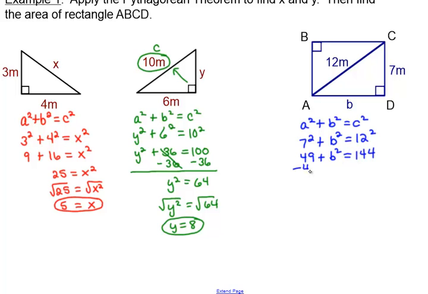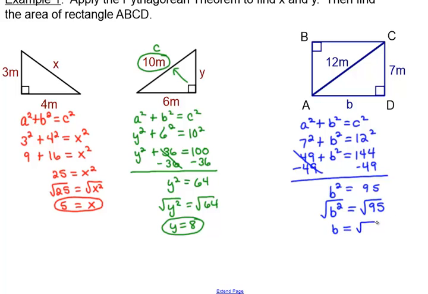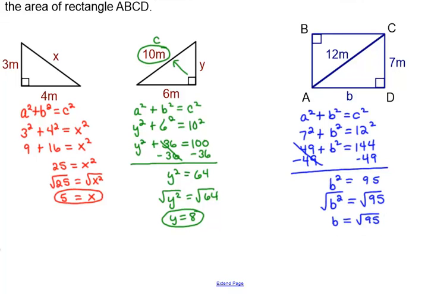If I subtract 49 from both sides, I have b squared is equal to 95. So we're going to take the square root of that. Now I don't know the square root of 95, so I'm just going to leave it like that. You can type in your calculator, but we really don't need to.